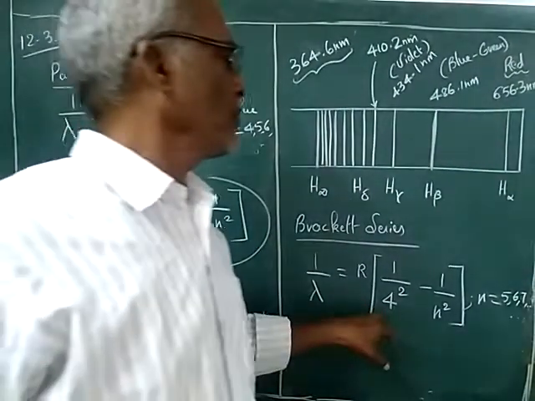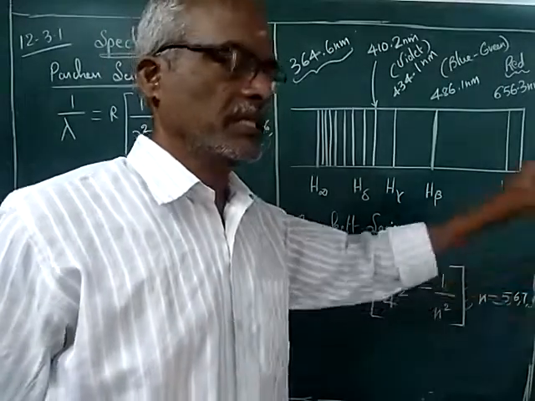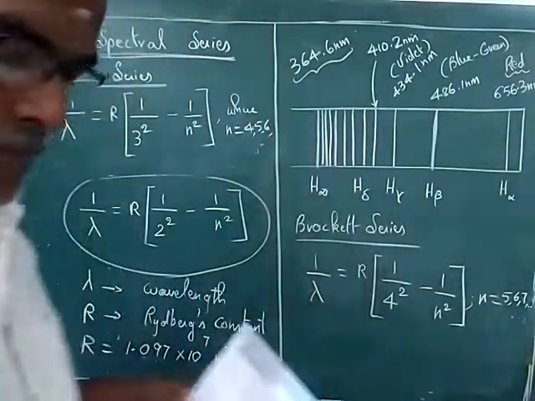Since this is 4, the n value starts from 5, 6, 7 and goes up to infinity.